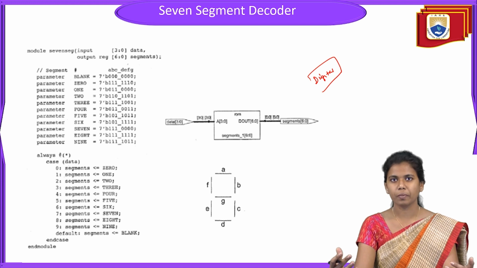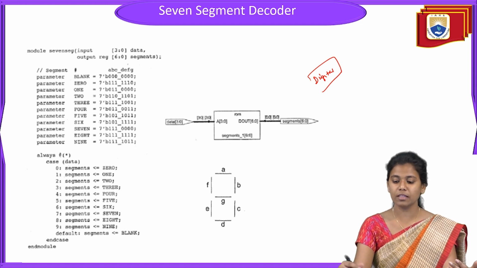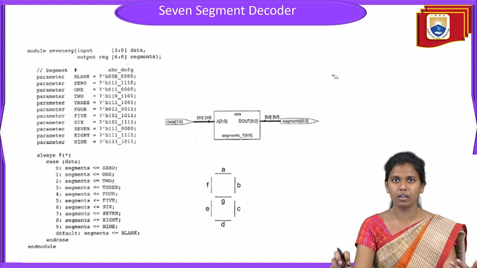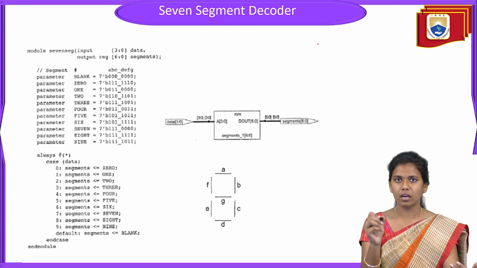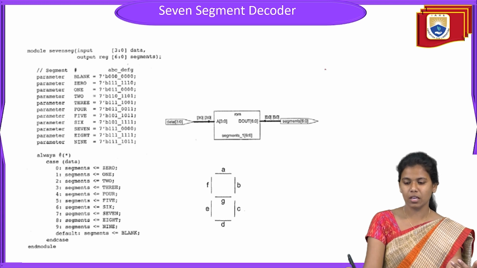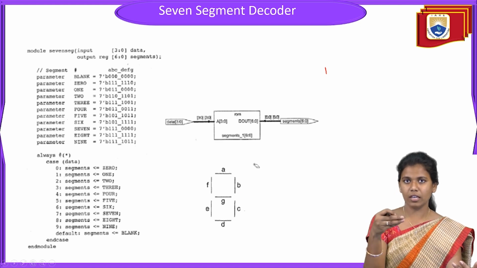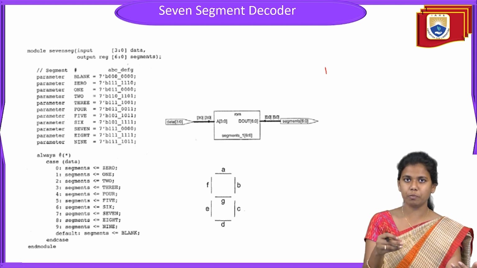For example, if you went to buy something in a shop, you can see the weighing machines in digital form. You will see the numbers in digital format on the weighing balance, so there you will see the weight. That is nothing but a 7-segment decoder, which means we can see the numbers displayed.